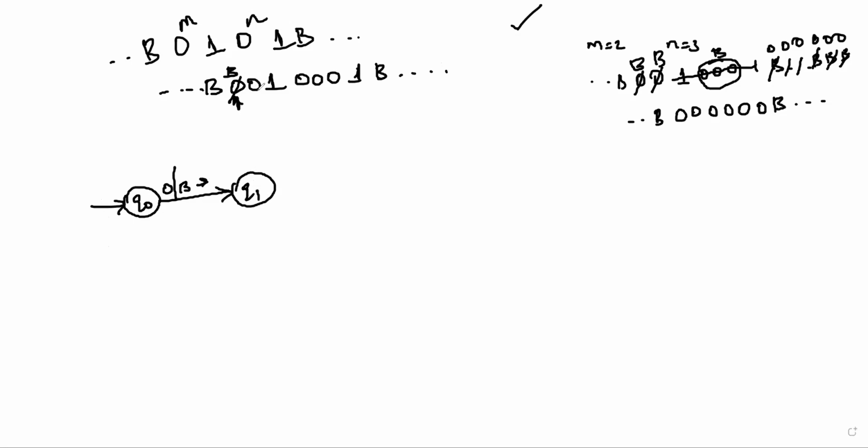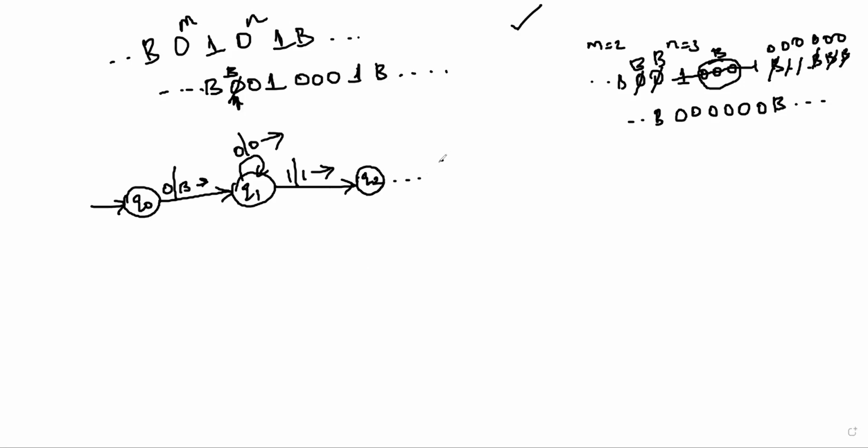In between, you have to skip the m side zeros. Suppose the m value is 50, it means one 0 you can change, the remaining 49 zeros I have to skip. So I'll use a self loop, 0 0 move to right. At one place you'll reach a 1, which is no change, just move to right hand side. Now you are on the n side 0.